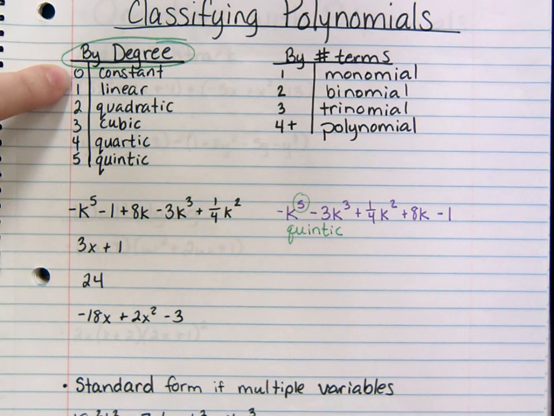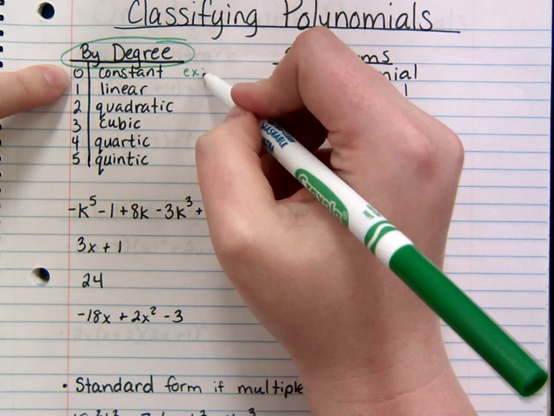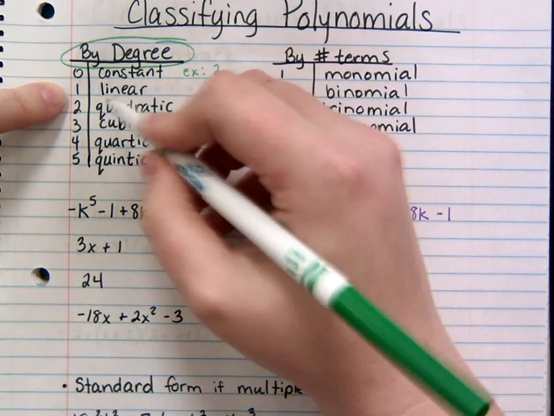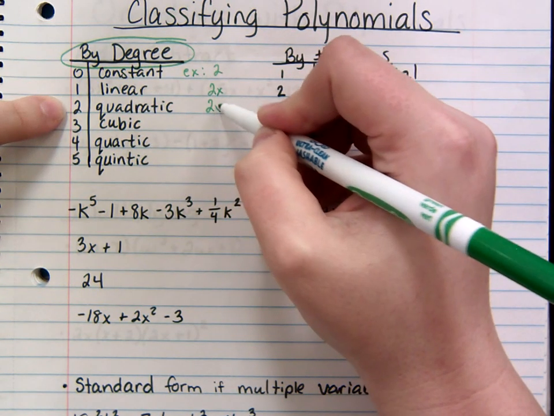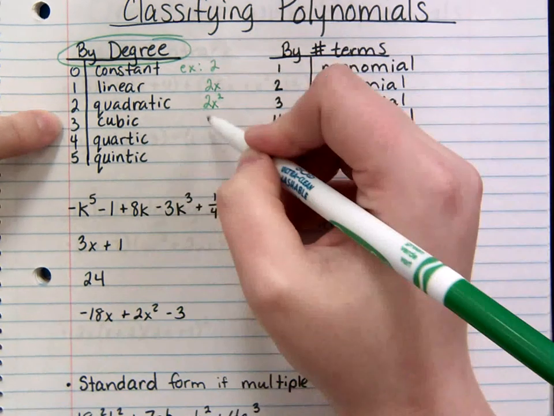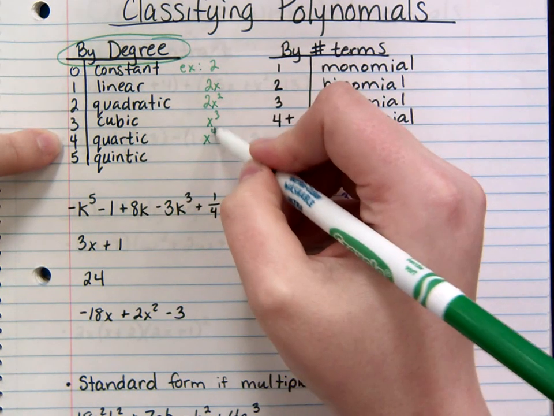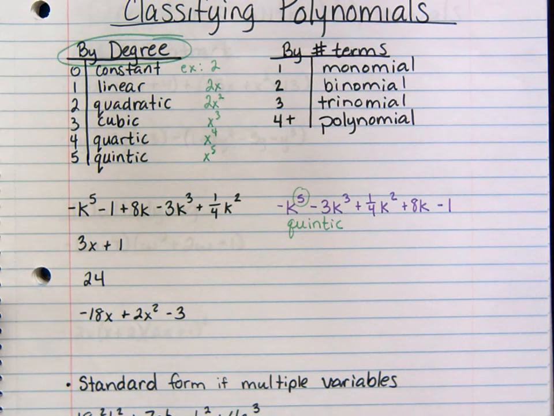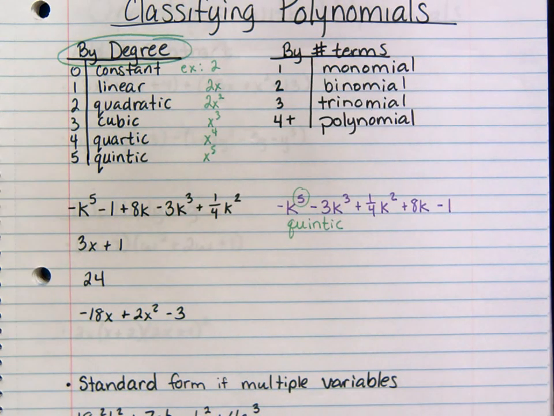So degree of 0, well, that would be something like just 2. Linear might be 2x. Quadratic, biggest exponent of 2. Cubic, biggest exponent of 3. Quartic, 4. Quintic, 5. Okay, so because the biggest exponent is 5, it was quintic.